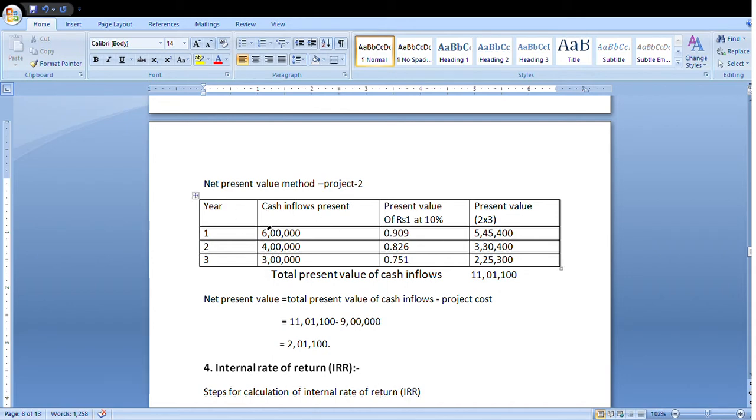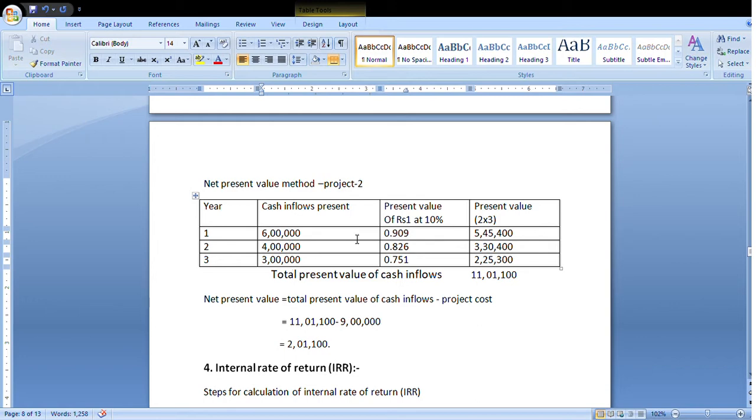This table: year, cash inflow, present value of rupee 1 at 10%, present value. First year 6 lakhs, second year 4 lakhs, third year 3 lakhs. These two columns are also given in the problem.